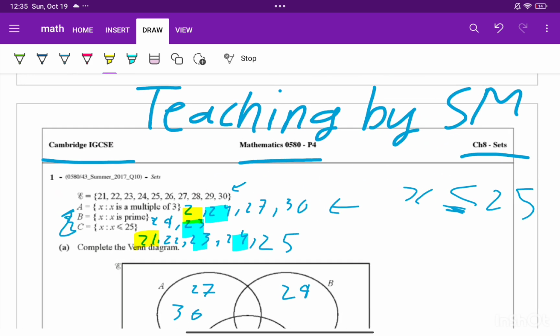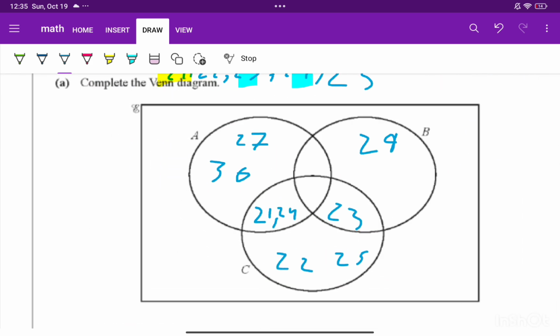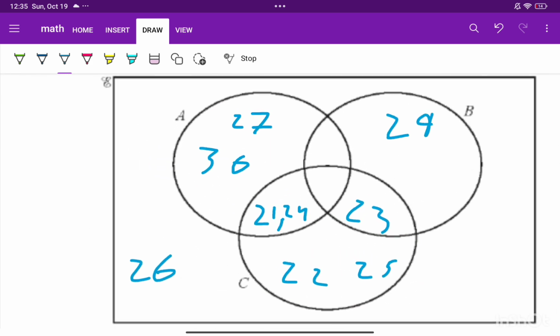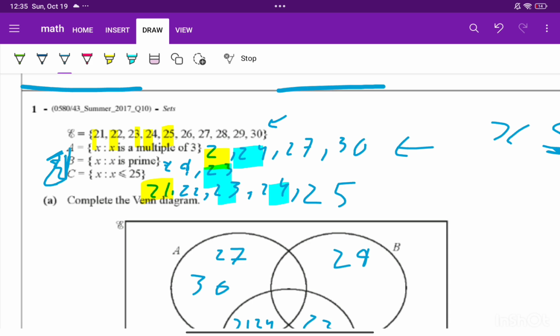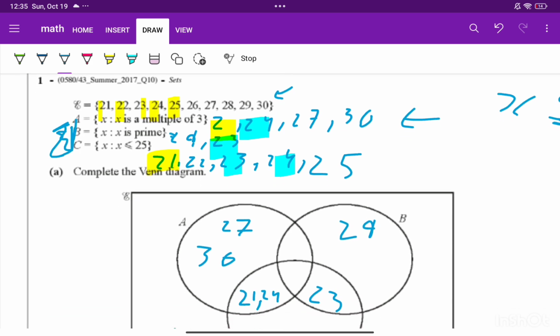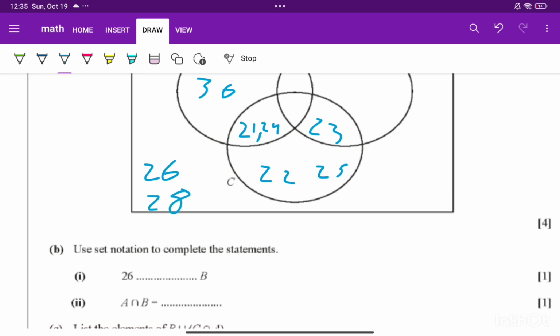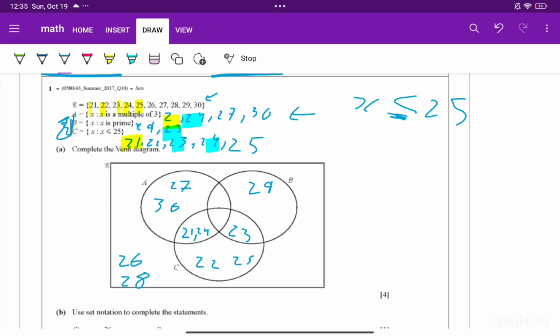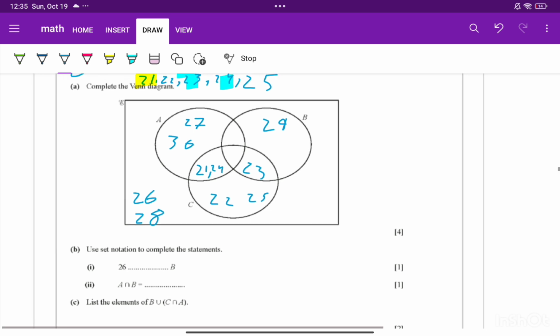Okay, so 21 is coming in set A and C, 22 is coming in set C, 23 is also coming in set B and C, 24 also, 25 also, 26 is not coming in any of these three sets, so we will write 26 over here. 27 is already there, 28 is not present in any of these three sets, so we will write 28 over here. Okay, now it's complete.